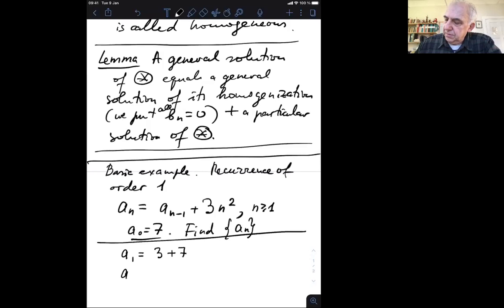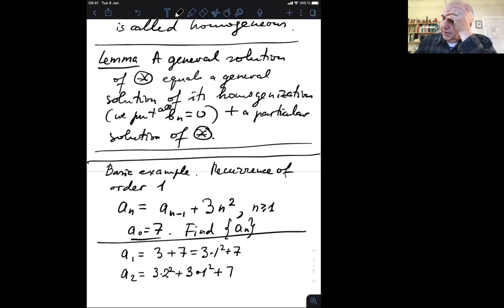Now a_2 equals 3 times 2 squared plus a_1, and a_1 is 3 times 1 squared plus 7. So a_2 is 3 times 2 squared plus 3 times 1 squared plus 7.